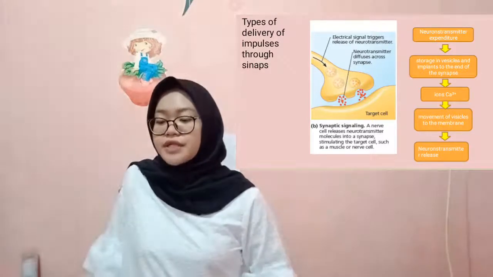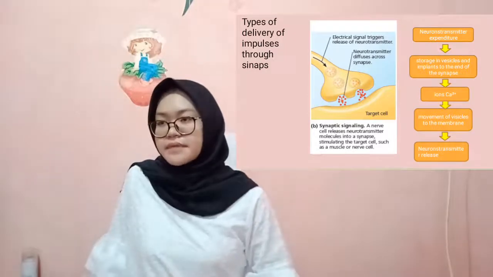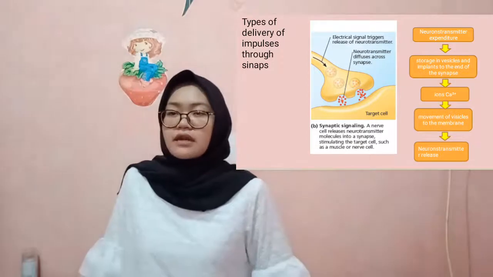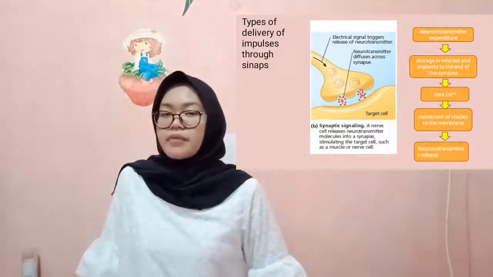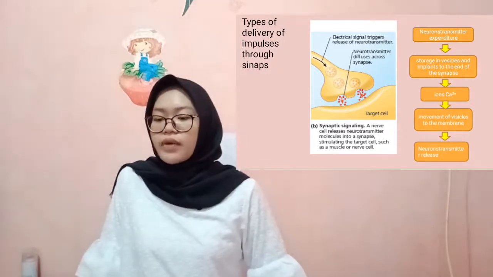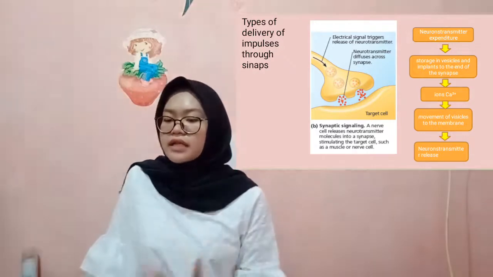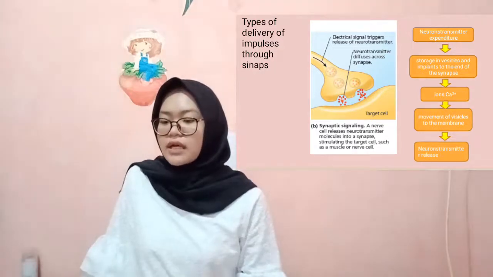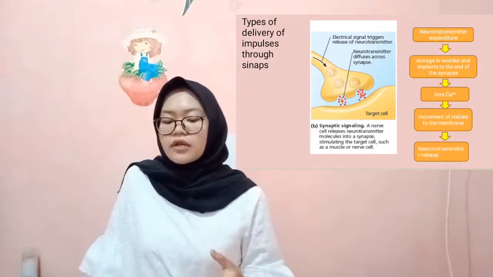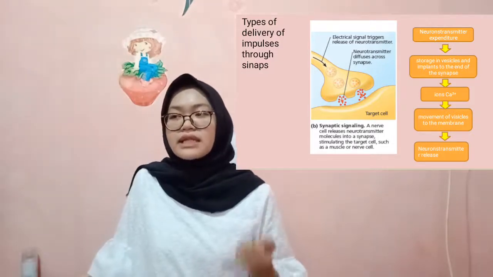This slide mentions the types of delivery of impulse through synapse. Like I told you before, the synapse is located in the branches of axons. The mechanism begins with neurotransmitter expenditure. If an electrical signal triggers the release of neurotransmitter from the axon, the neurotransmitter enters the synapse.